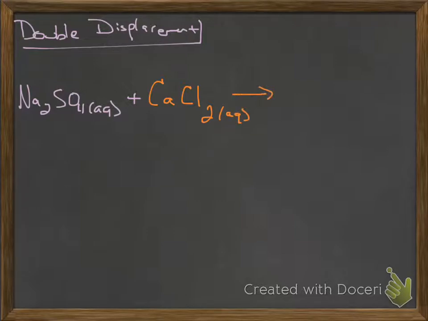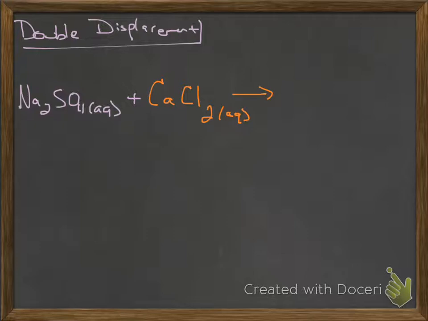Now, here's a little trick, a little hint, everybody. Not all of these combinations will actually result in a chemical reaction. Sometimes when you put two things together, nothing at all happens. Okay? So we need to have some type of device that tells us when a reaction occurs and when it doesn't.